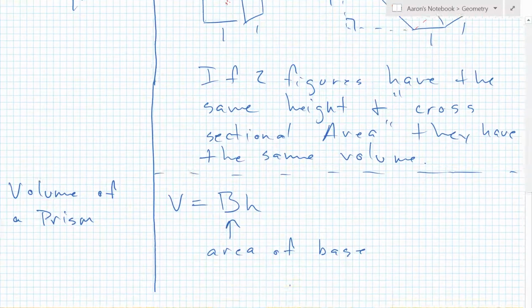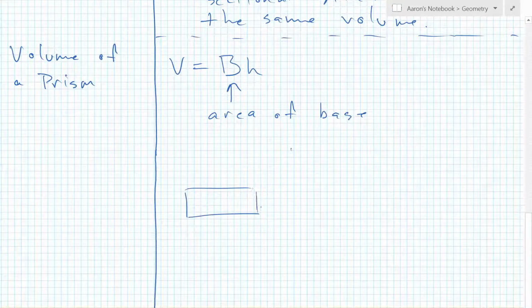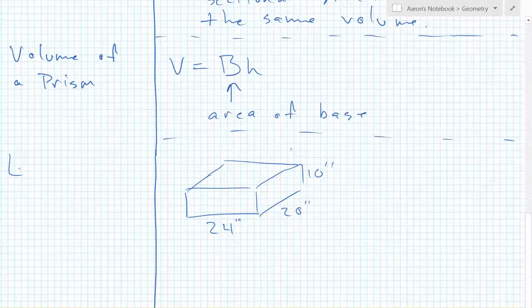Alright, so let's say we've got a rectangular prism. Okay, and we'll say that it's got dimensions of 24, 20, and 10, and we'll say that these are all in inches. The first thing we're going to do is find the area of the base.